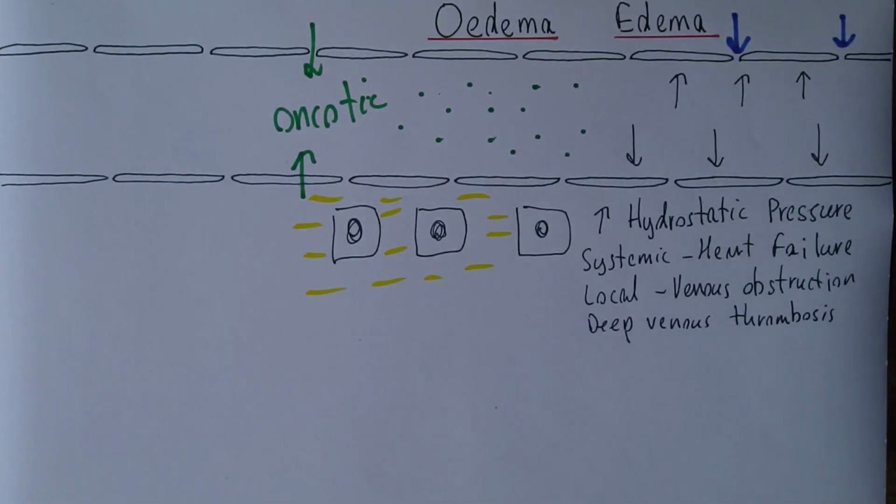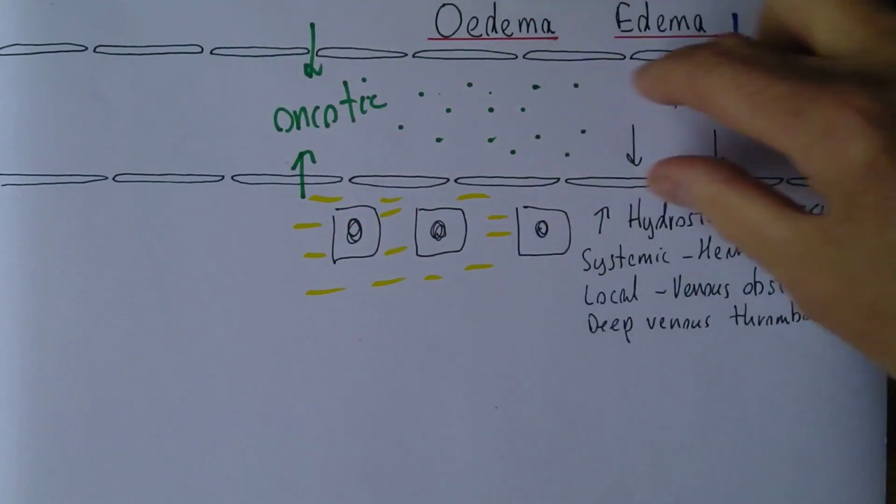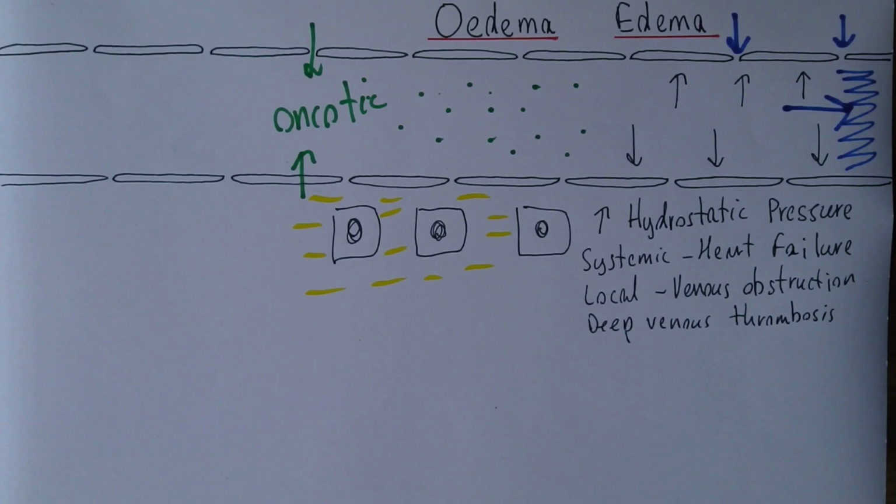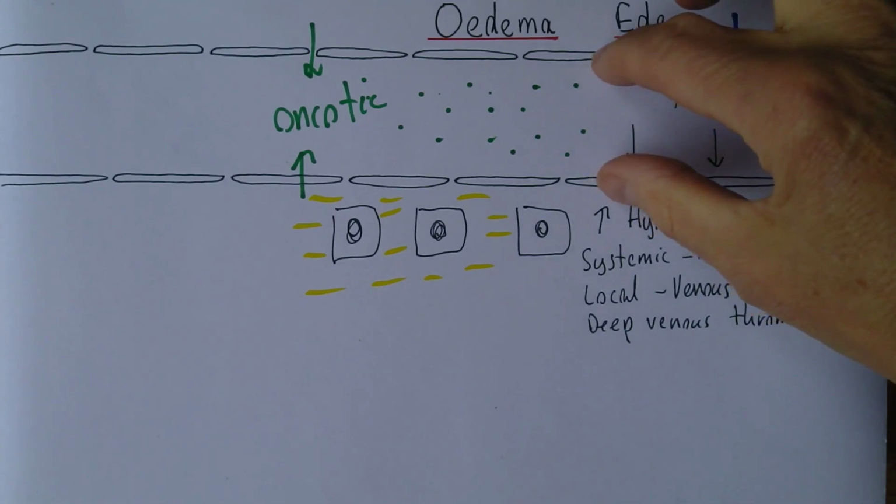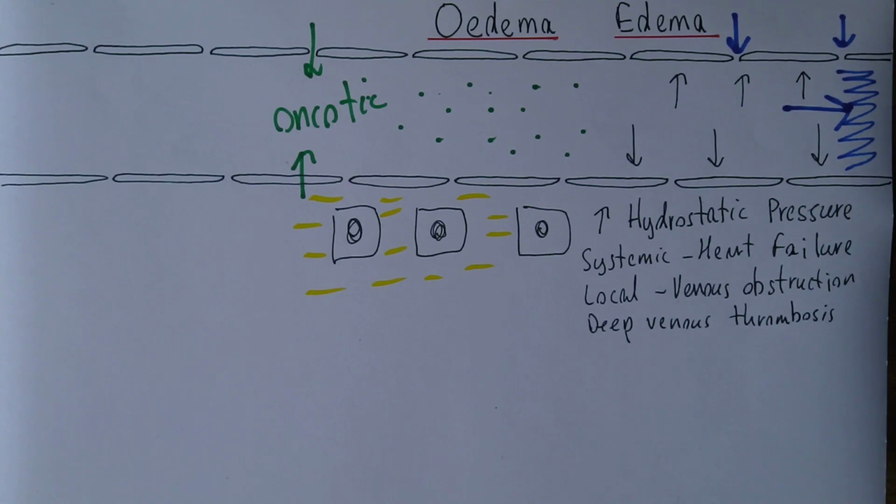Because normally the fluid in the blood is leaving this way, it's going out that way. But if there's a relative obstruction here, if there's a traffic jam downstream, there's going to be this backlog of fluid. Because this capillary is draining into venules, the venules are draining into veins, and if one of the deep veins is obstructed, the flow of fluid from the capillary out into the venous system is going to be inhibited.